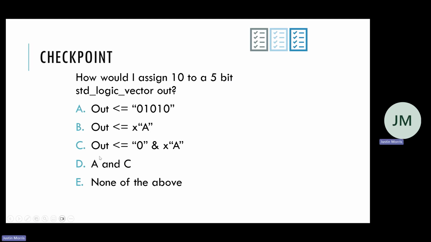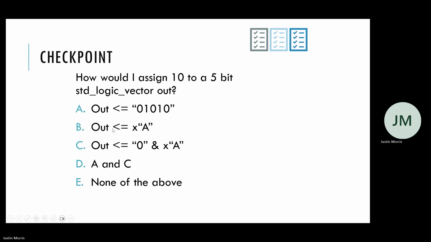Yes, so it is D. Remember, we need to match the bit width, right? So here, out is the 5 bits representing 10, so this is correct.